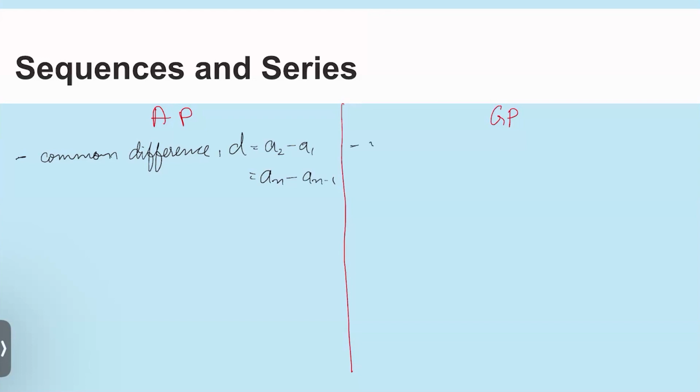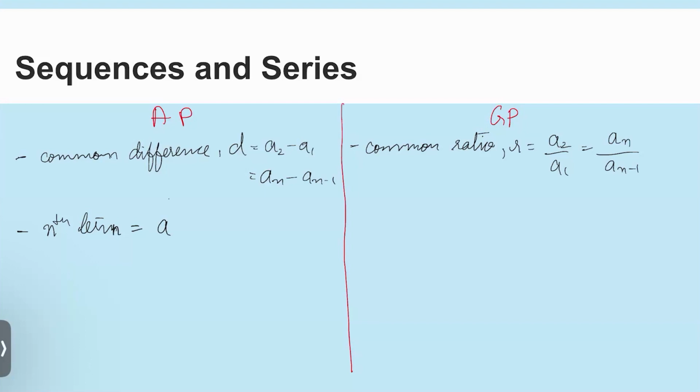And for GP, we have a common ratio. Common ratio R is equal to A2 by A1, or it is An by An minus 1.